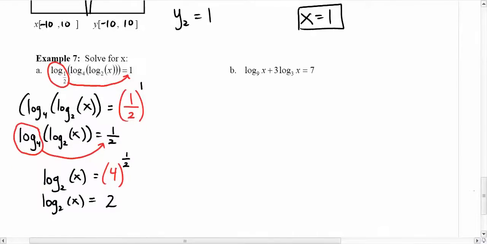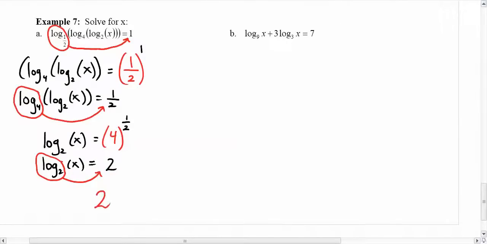So log base 2 of what number equals 2? Log base 2 of 1 is 0. Log base 2 of 2 is 1. How do we get 2?